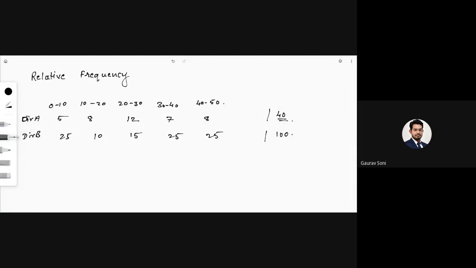But if you see for both division A and division B, the total number of observations is different. So when you talk in terms of percent, say 20% students failed in division A, what is the percentage of students who have failed in division B?